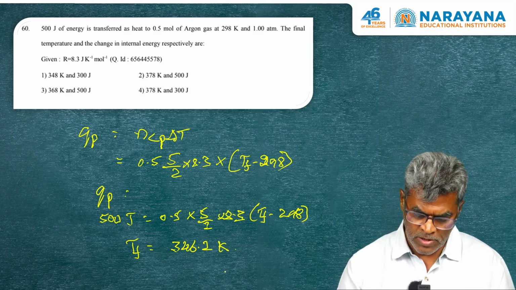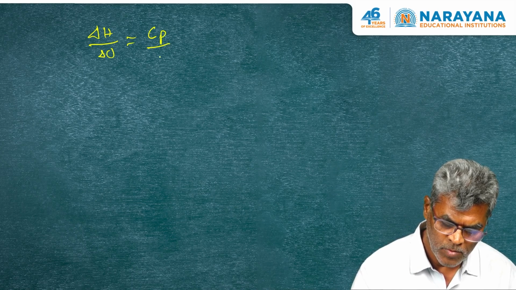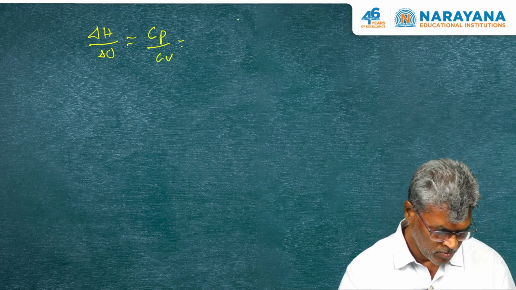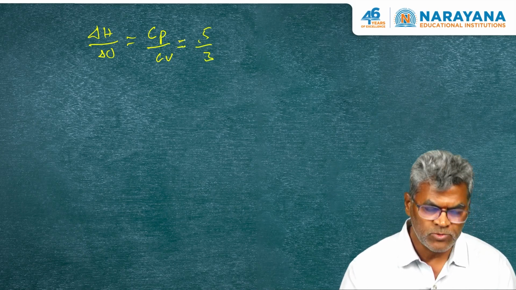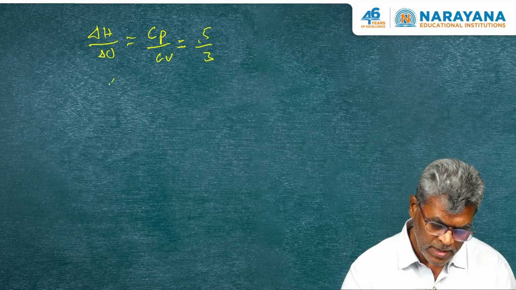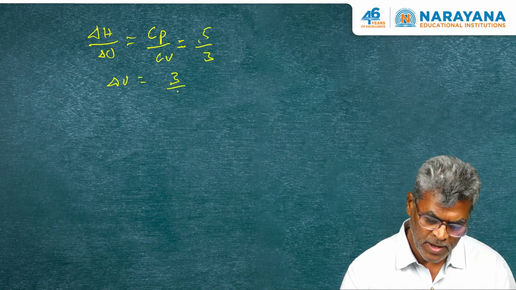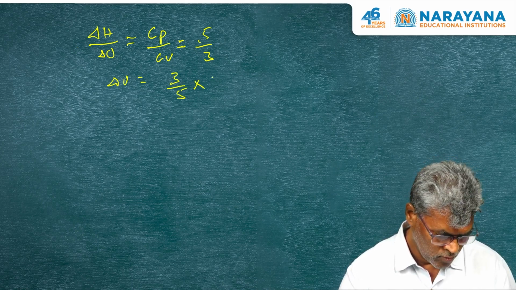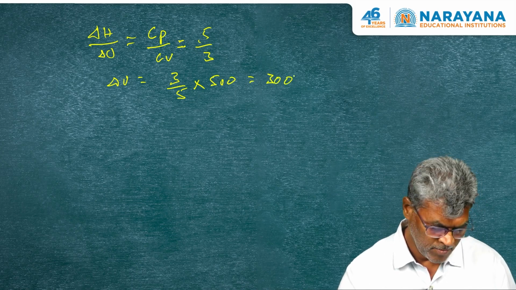Now, delta H by delta U is equal to Cp by Cv is equal to 5 by 3. This is conceptual, right, 5 by 3. So if you substitute, delta U becomes 3 by 5 into 500, so it will be 300 joules.